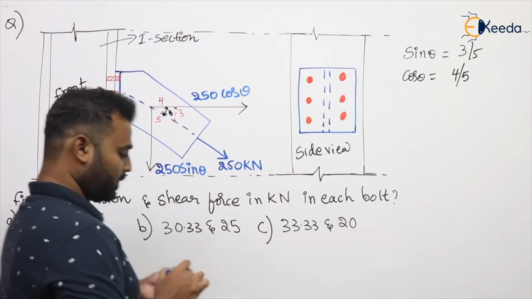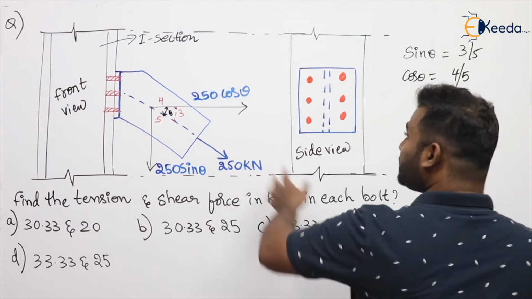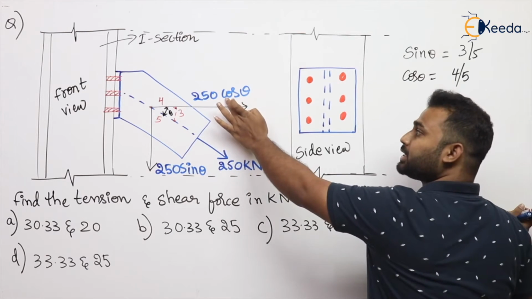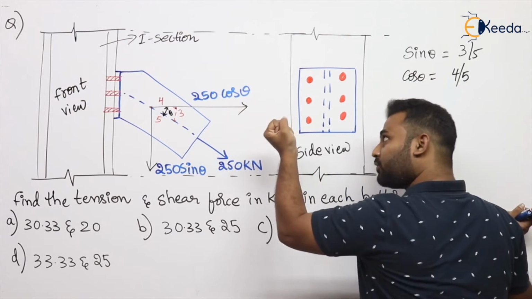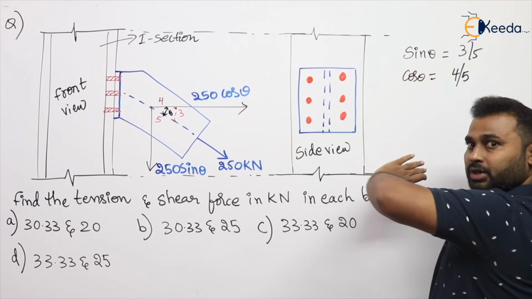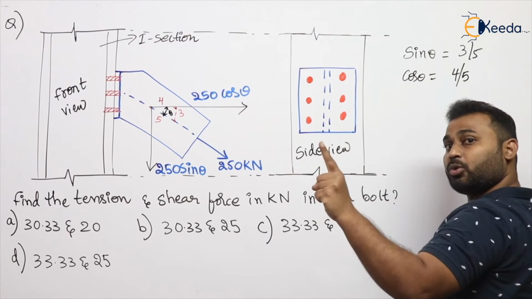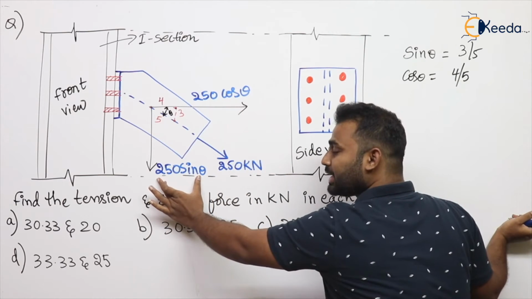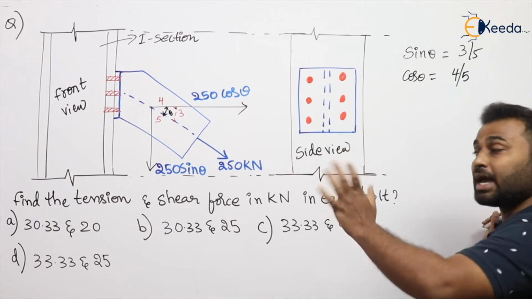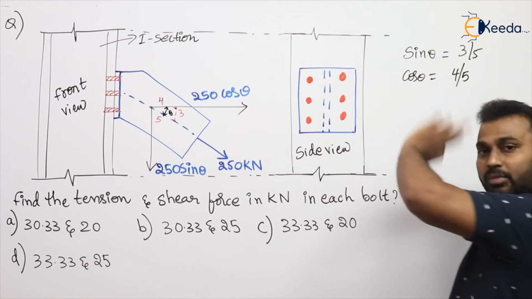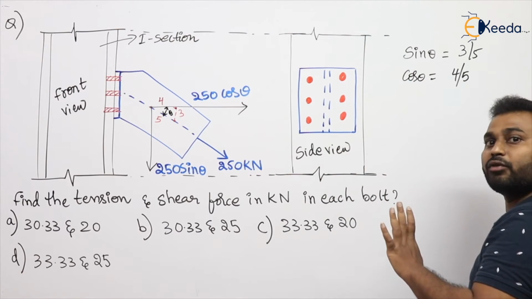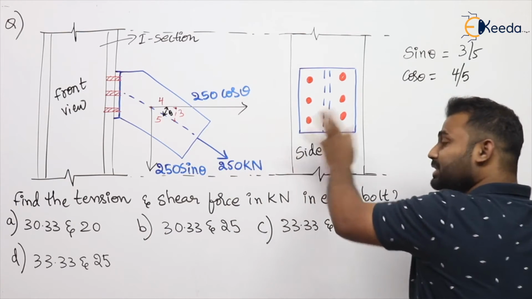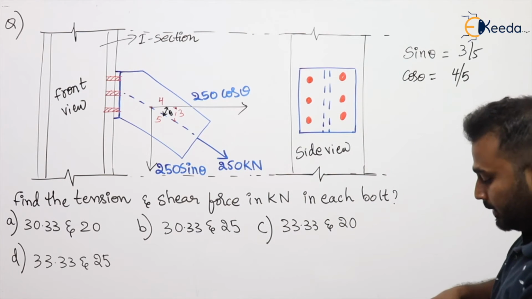This 250 cos theta is the total normal force acting on all these bolts. For each bolt we need to divide it by 6. In the same way, 250 sin theta is the total tangential force acting on the 6 bolts. Therefore, to get the shear force on each bolt, we need to divide that force by 6.